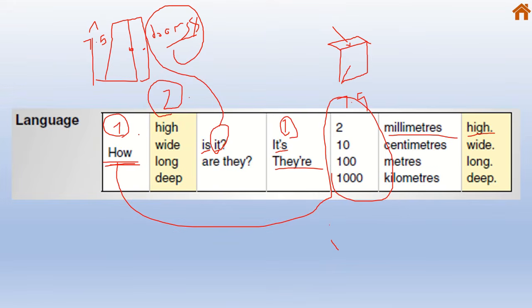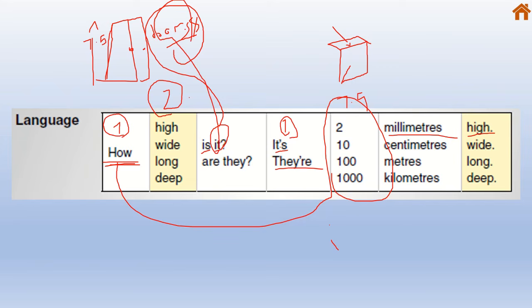Finally, we talked about how to make questions. We want to ask about dimensions. Okay, we said you need how, and then the dimension you are asking about. Here, an example, the height, then is, because the door is singular, it, you are talking about the door.